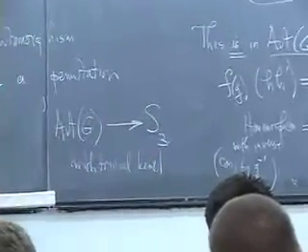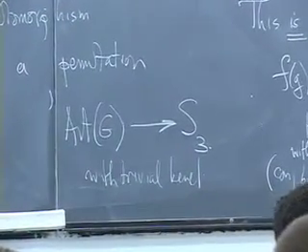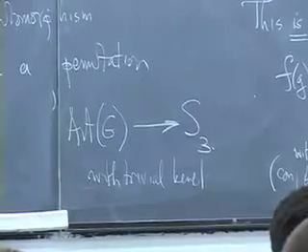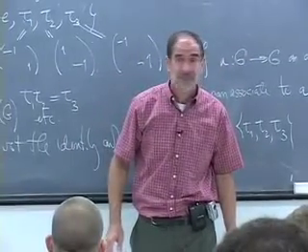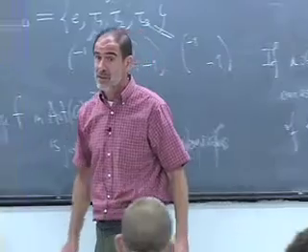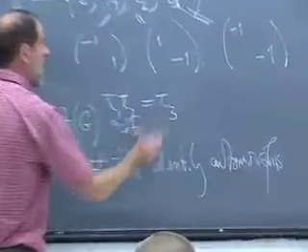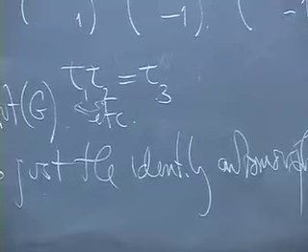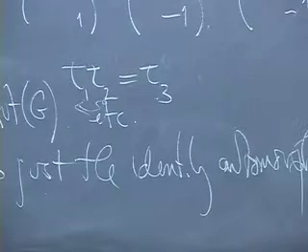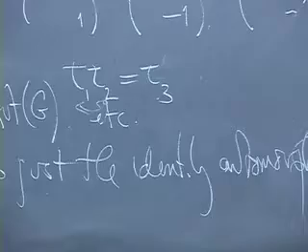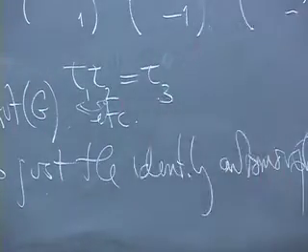No matter what permutation you write down of tau 1, tau 2, tau 3, that is an automorphism of the group. That's not obvious. That's not obvious that if I switch tau 1 and tau 2 and keep tau 3 the same, that gives me an automorphism. But in fact, it is. I want you to check that. That's a little laborious. So this is trivial kernel and full image.